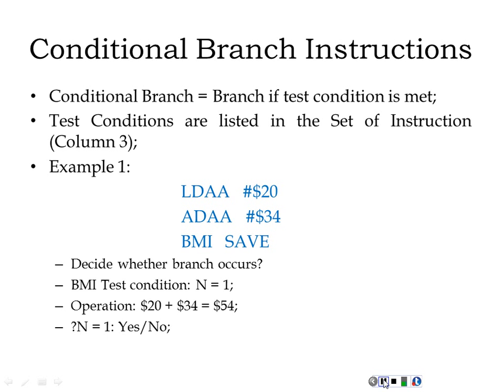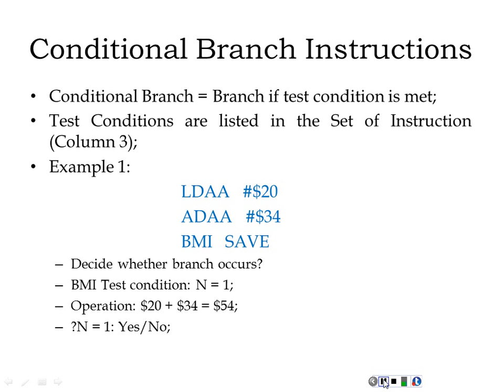You will always find it in the third column of the set of instructions. I listed it here again because the third column has a technical description of the branch, and similarly of the other instructions as well. We have explored the third column so far for the other instructions, not for the branches yet. So we'll always look at the third column.